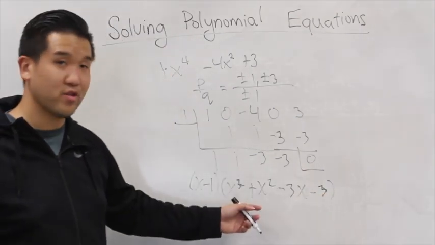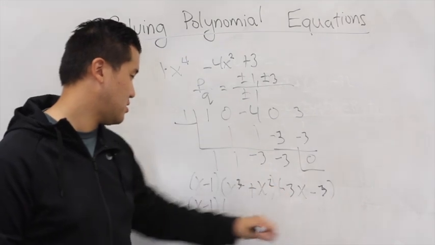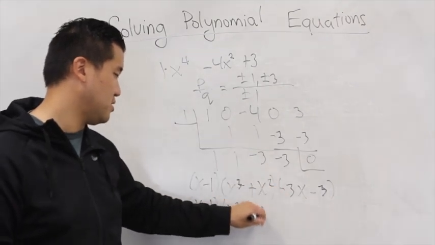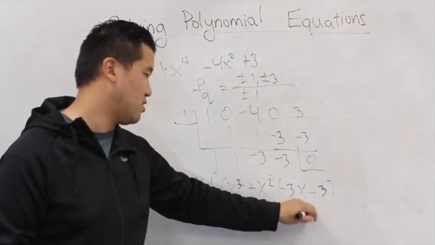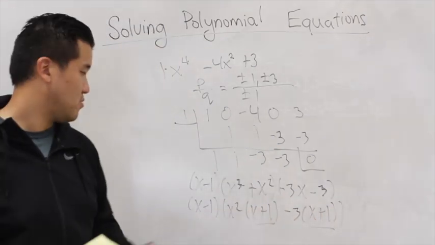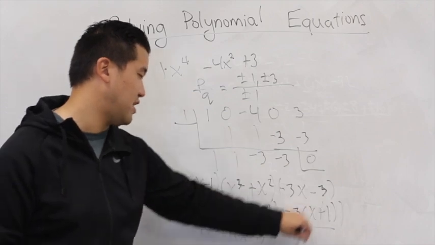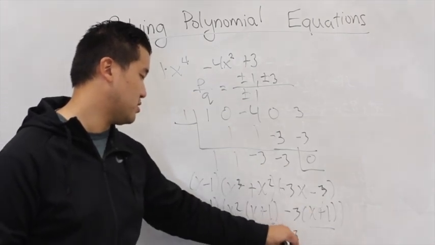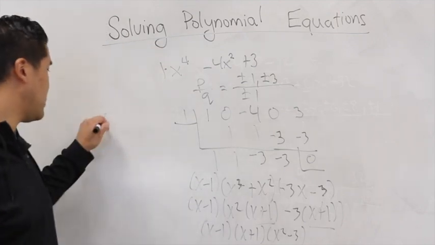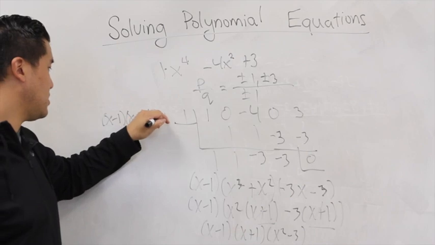You can do grouping here, same thing like the other problem. Let's group it like this. So you can take out an x squared, you have x plus 1. Take out a negative 3, you have x plus 1. Because these are the same, we can combine it now. So my GCF is x plus 1. What's left over if I cancel this? X squared minus 3. So right now we have x minus 1, x plus 1, x squared minus 3.